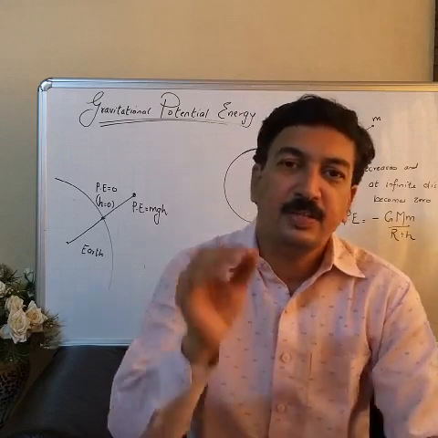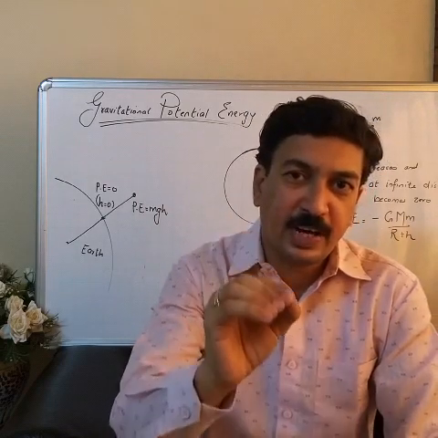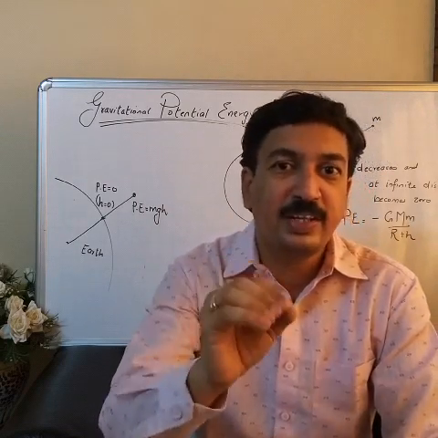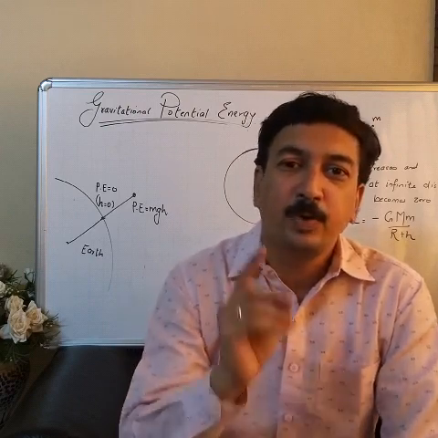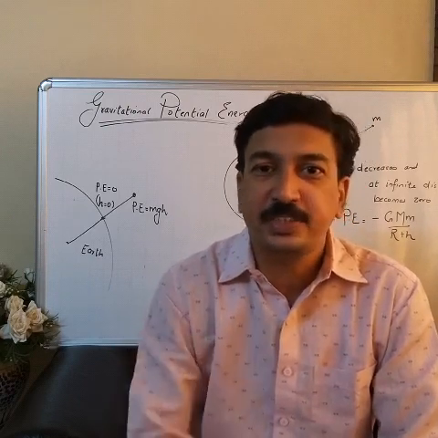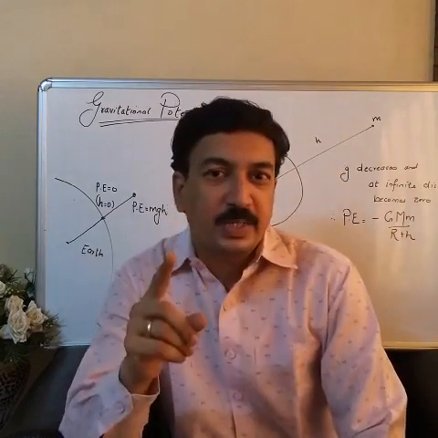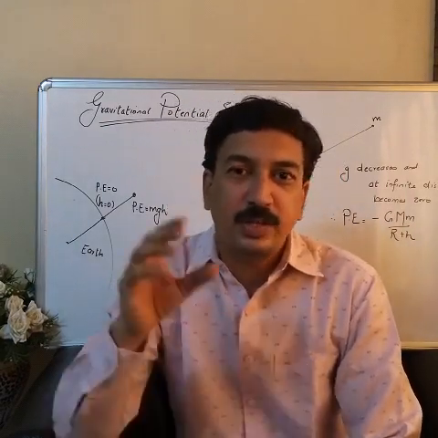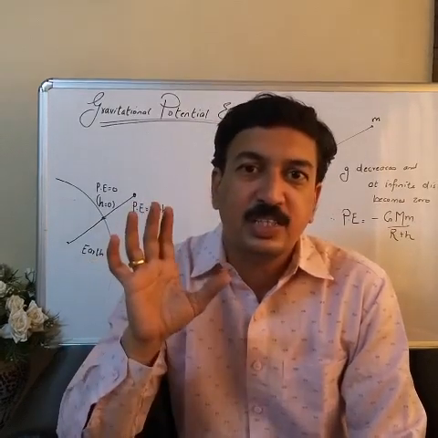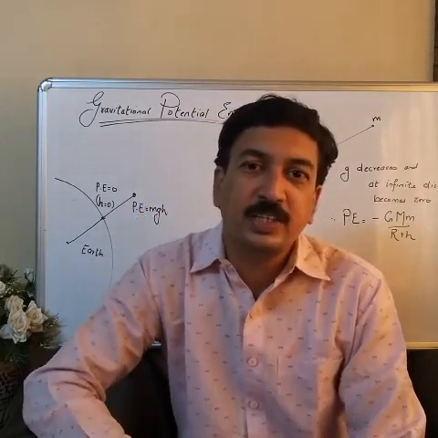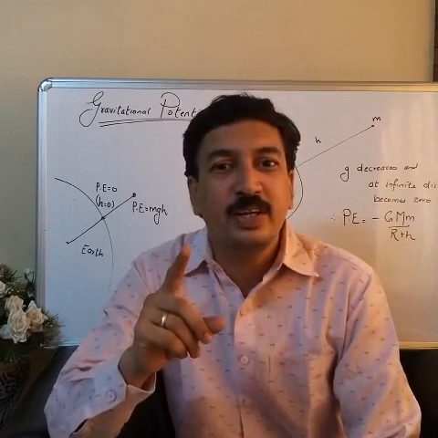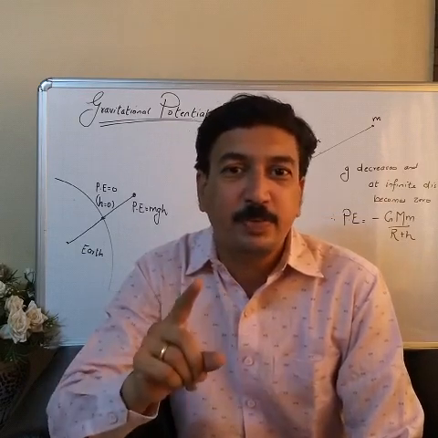And one simple formula for gravitational potential energy we have learned in 9th is potential energy equal to mgh, where h was the height of the object above Earth's surface. So if an object is lying on the Earth's surface, what will be its potential energy? The answer will be 0.